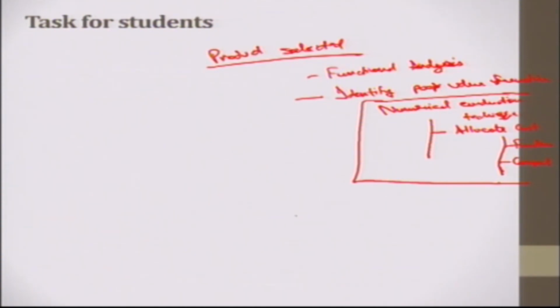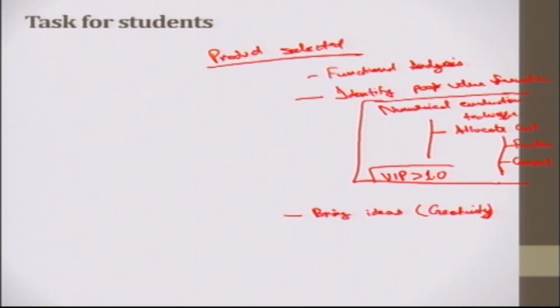Identify the poor value functions, then bring ideas, that is creativity. I think this you already did, but now you will work on the poor value functions, that is whose VIP, value improvement potential, is more than 1.